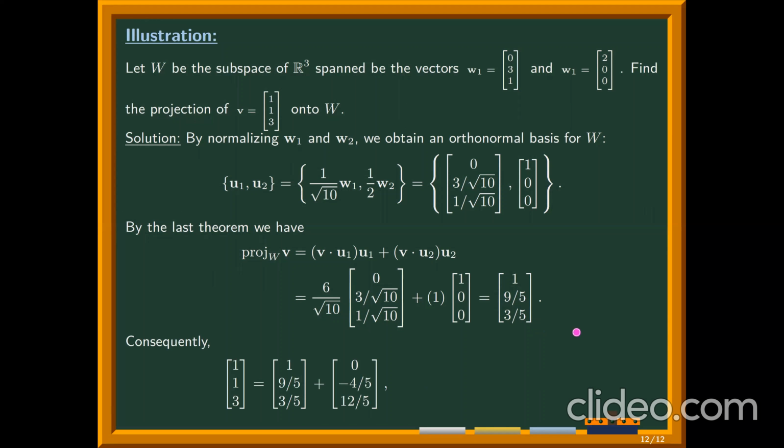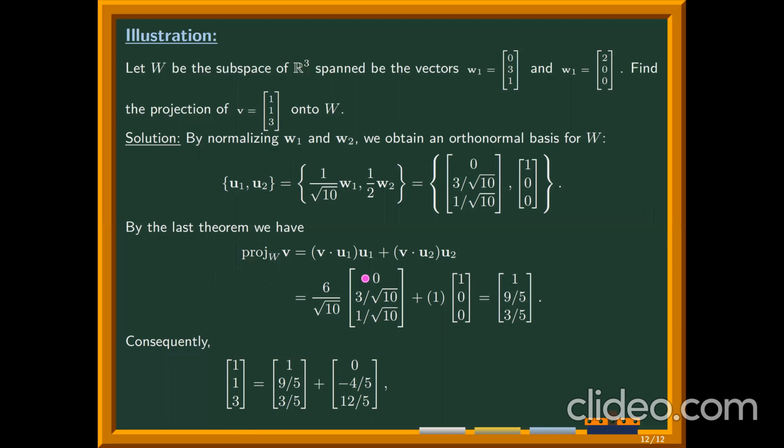As a consequence, (1, 1, 3) is equal to the projection of v on W plus the component of v along W perp. And what is the component of v along W perp?